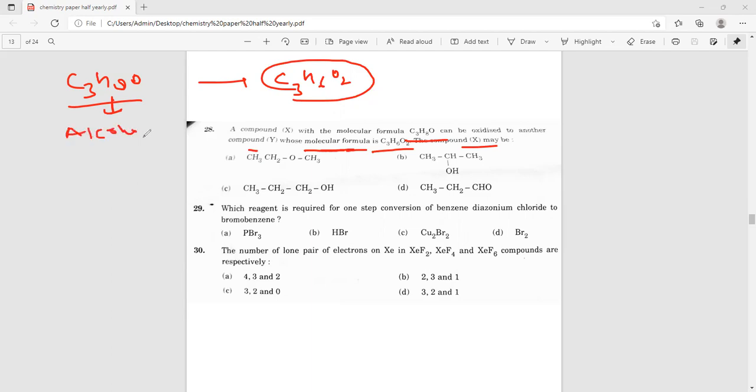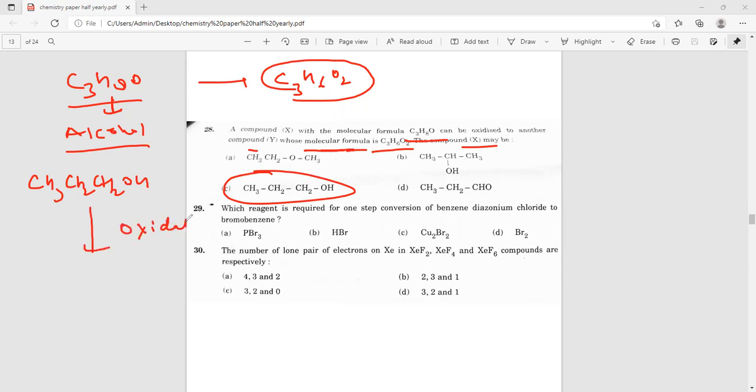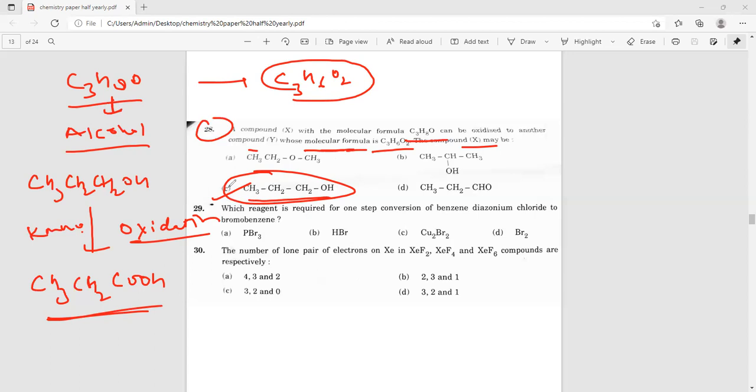In case of alcohol, this one, this is the alcohol, CH3CH2CH2OH, and on oxidation it forms an acid, means CH3CH2COOH, right? With a strong oxidizing agent like KMnO4. Then the answer is C is the right answer. Alcohol on oxidation gives acid, and this is the formula of the acid. Means the answer of 28 is C.